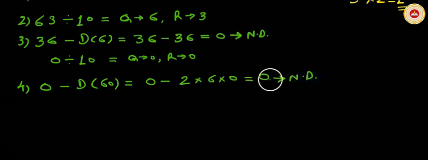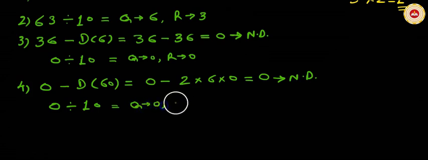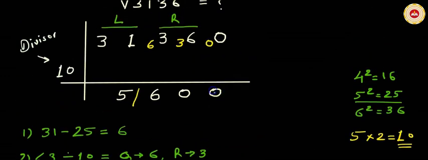Now divide net dividend, which is 0, by divisor 10, which gives you quotient 0 and remainder 0. So let us write quotient 0 and remainder 0. See, we have to increase one 0 at the right side.